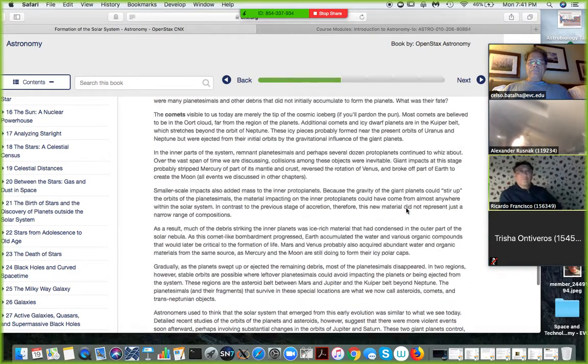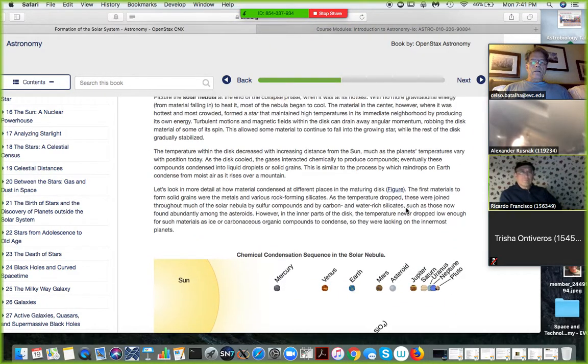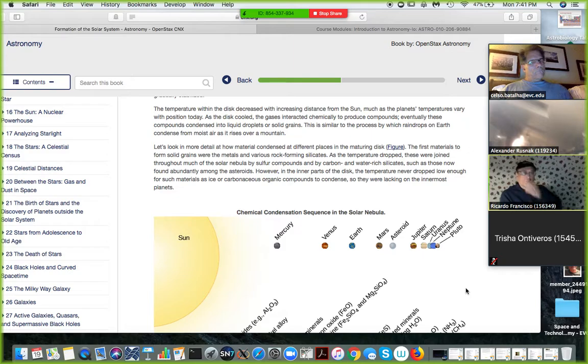Now, comets. I mentioned asteroids. Comets are the equivalent of asteroids in the volatile, water, methane, and nitrogen type of ingredients, more icy, and they do have grains in them.